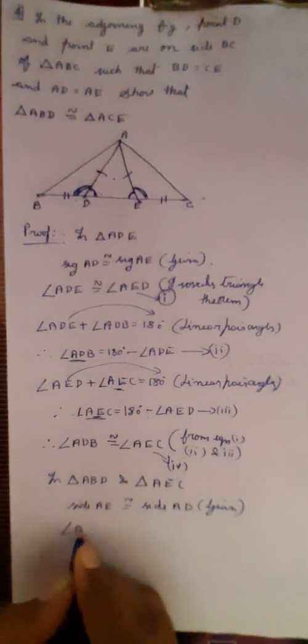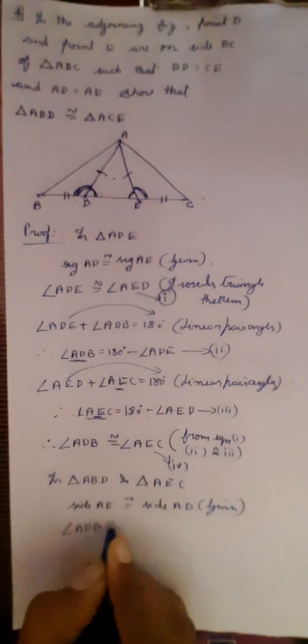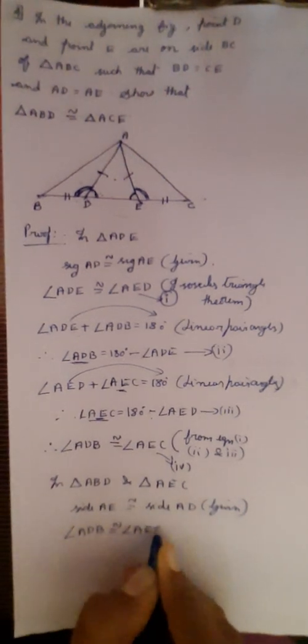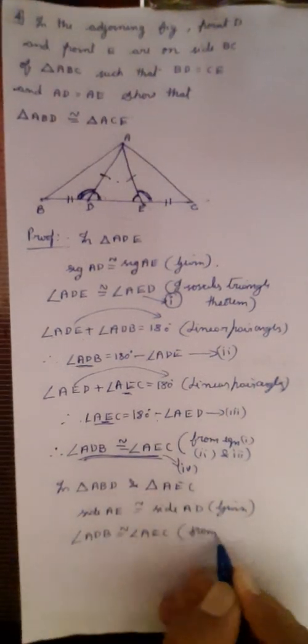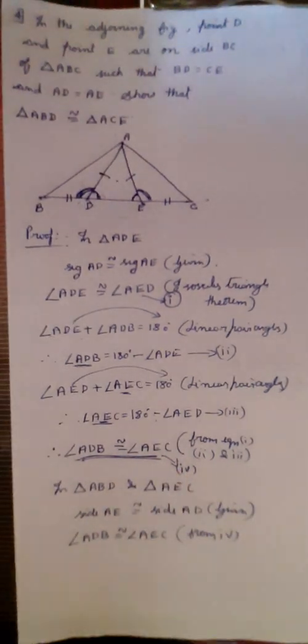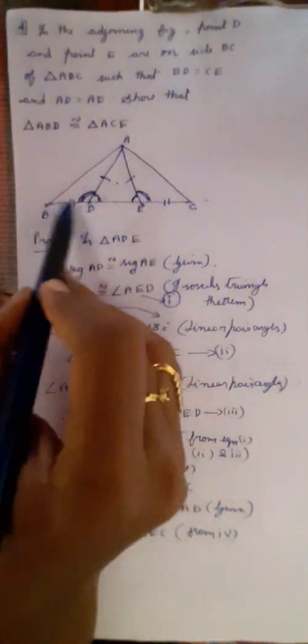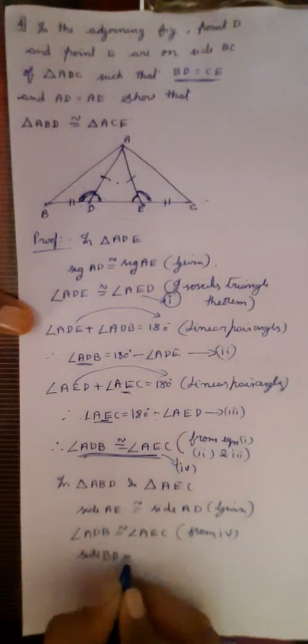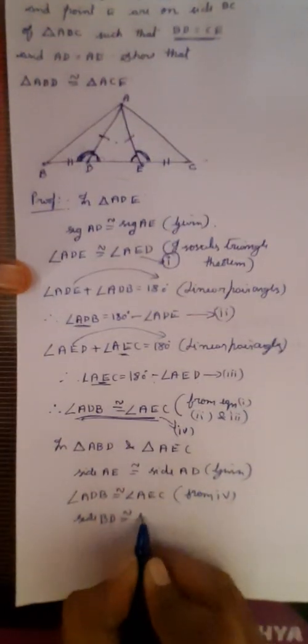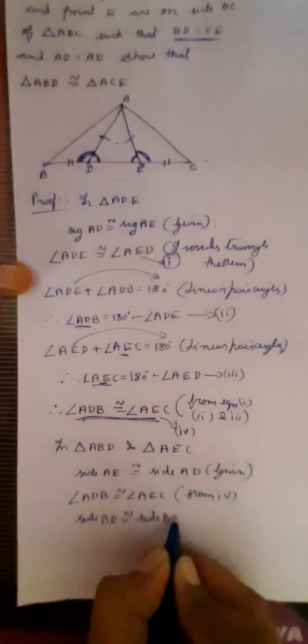Next, angle ADB is congruent to angle AEC, already proved in equation 4. And next, side BD and EC, given in the question. Side BD is congruent to side EC.